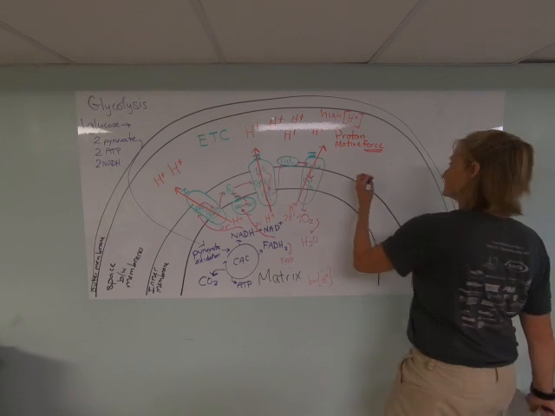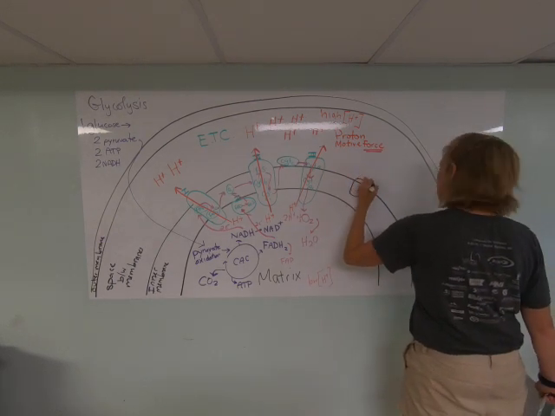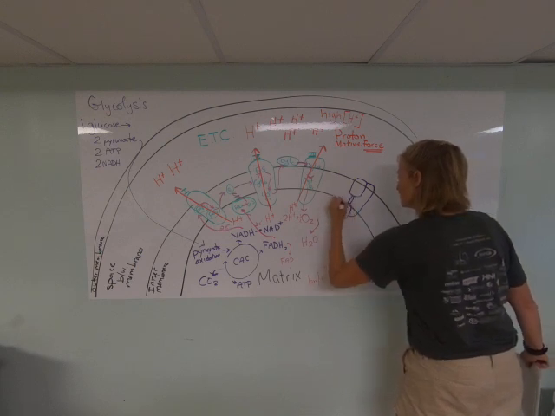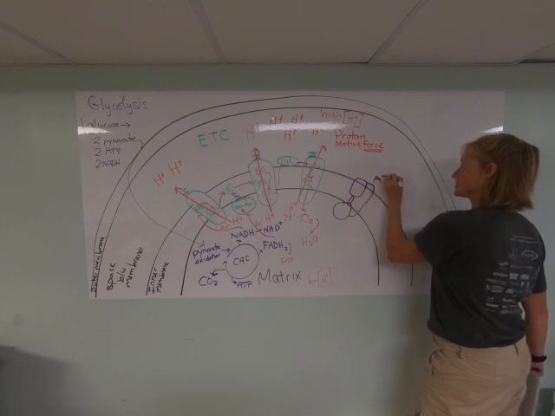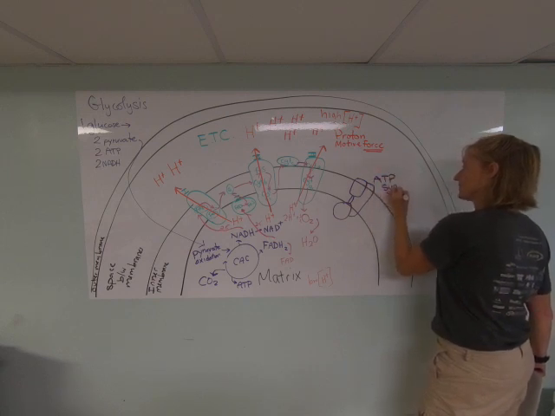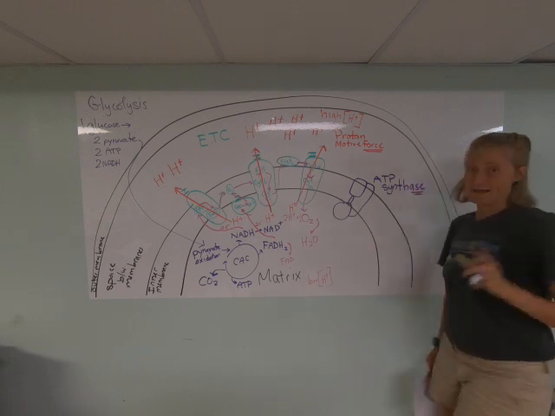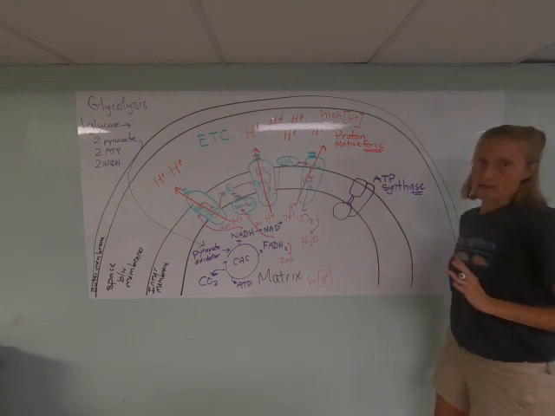Okay. So what we've got essentially is a molecule that looks something like this. This molecule is an enzyme. It's called ATP synthase. We know it's an enzyme because it has that ase ending, right? Okay, ATP synthase is going to be important here.